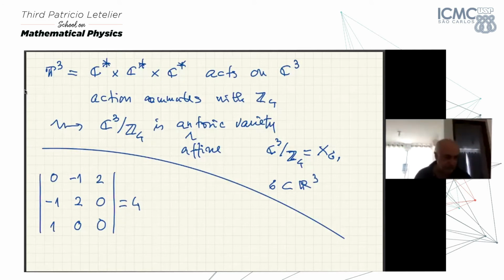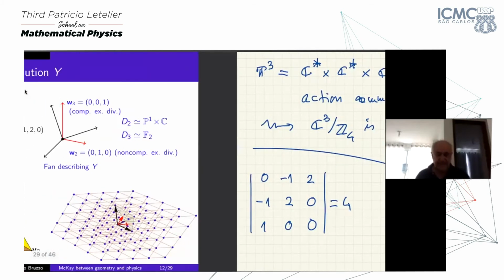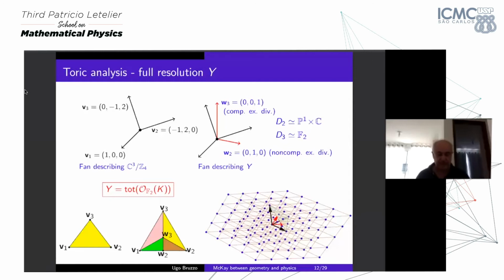Of course, 4 is no accident, the fact that we get 4. Again, what to do? We can obtain a resolution of singularity by splitting this cone into a number of smooth cones, each of which is generated by a triple of rational vectors which are a basis of Z3.